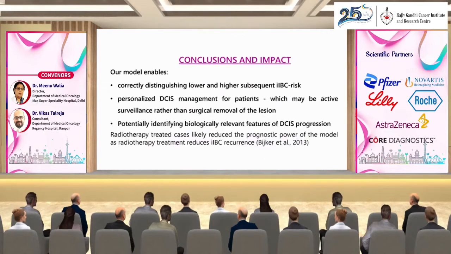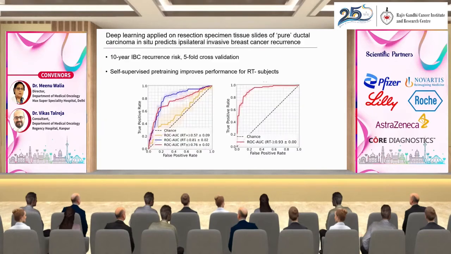So they concluded that distinguishing lower and higher subsequent ipsilateral IBC risks was possible by their model, and they have shown that the area under the curve was 0.93 when only RT negative subjects were used for training. So it improved from 0.81 to 0.93.